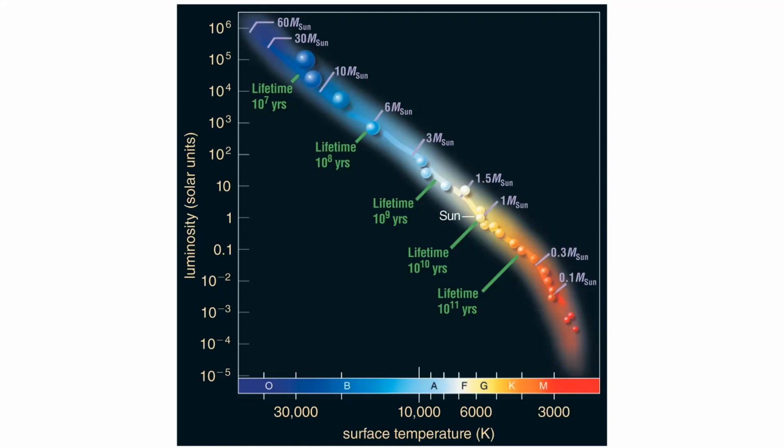Not 60 times greater. I don't know the exact number off the top of my head, but certainly more than 10,000. Because if 10 times the solar mass means 10,000 times the luminosity, then 60 solar masses would be even larger than that. And to have so much power output, they have to be hotter at their surfaces, and that's why they appear bluer.